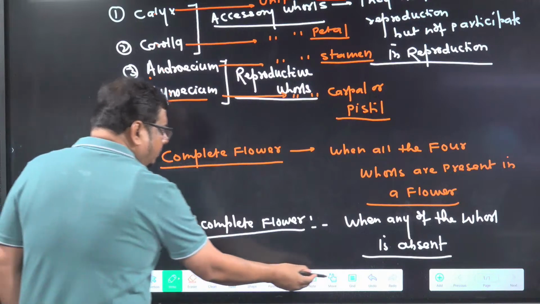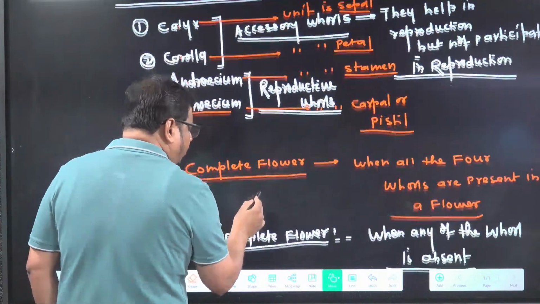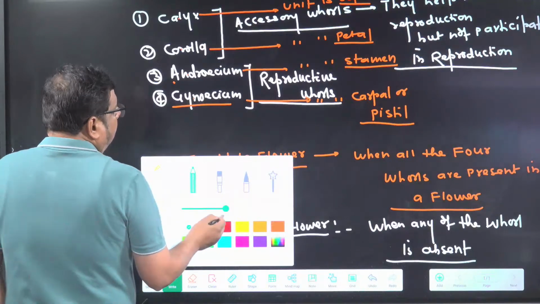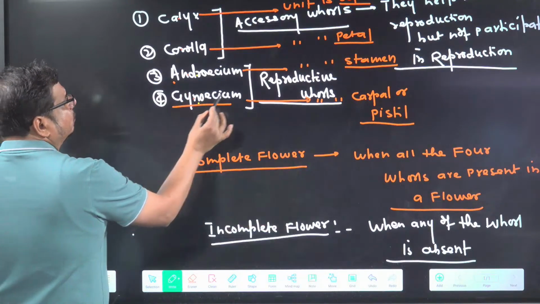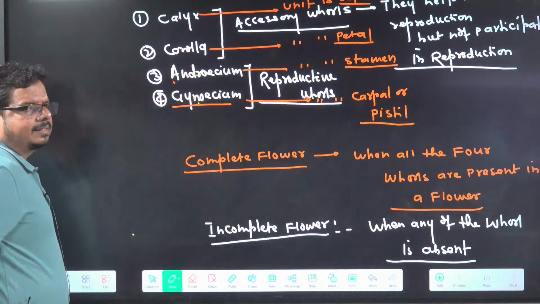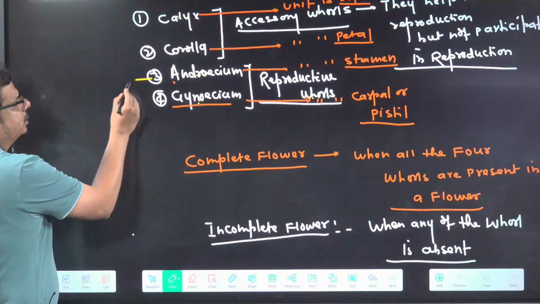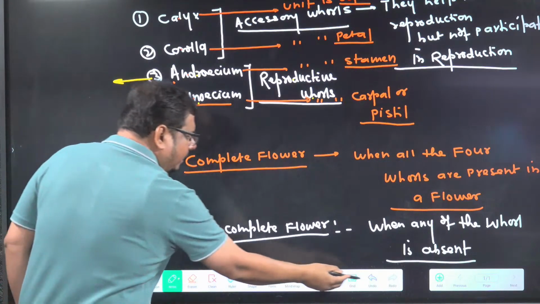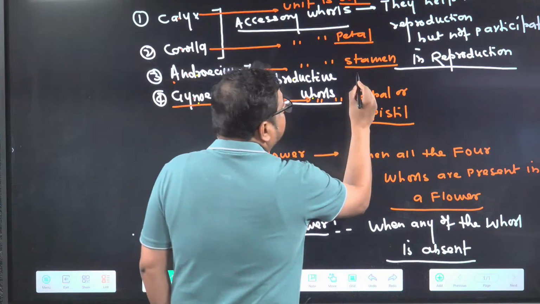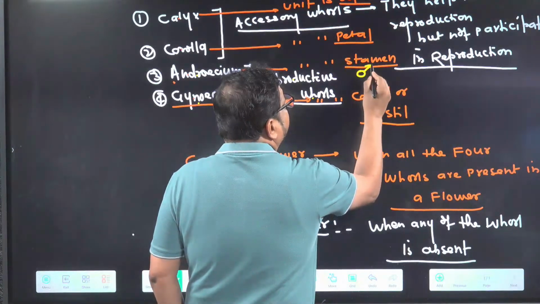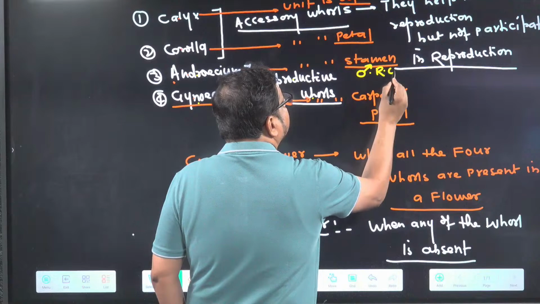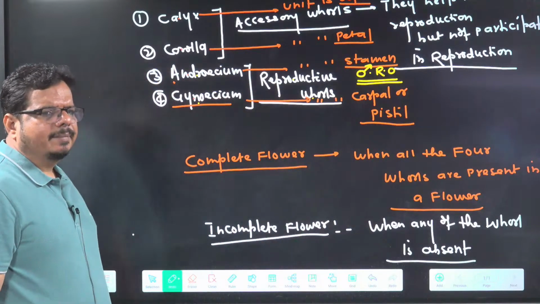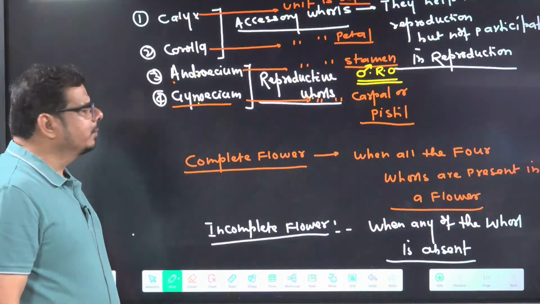Now I am going to come somewhat more into these 4 whorls. Look here. I told you already, androecium and gynoecium are which whorls? Reproductive whorls. Now if we talk about androecium, the unit is stamen. These stamens are called the male reproductive organ.